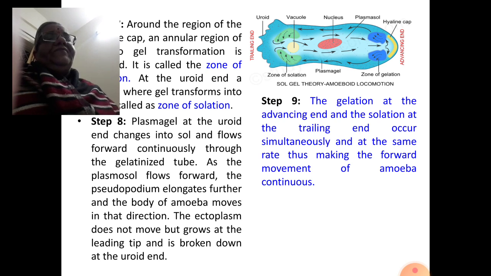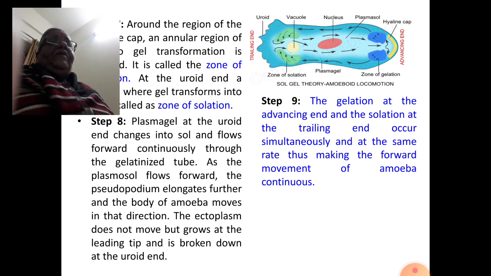Then, step 9. The gelation at the advancing end and the solation at the trailing end or uroid occur simultaneously and at the same rate, thus making the forward movement of the amoeba continuous.